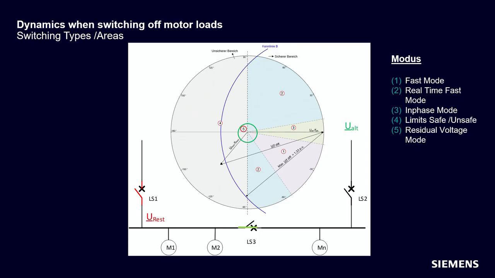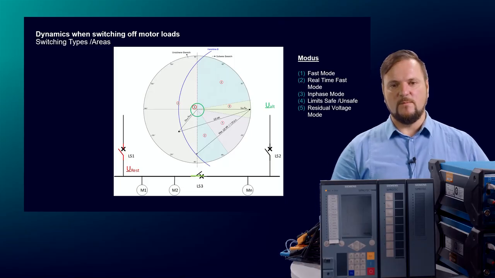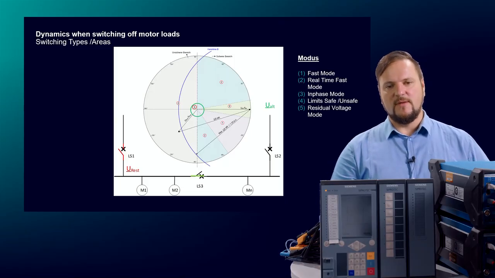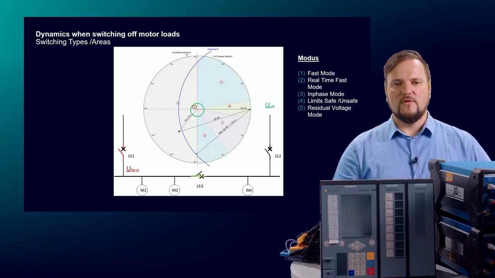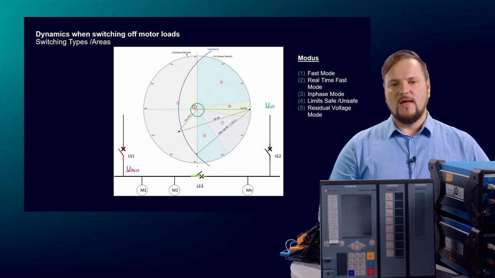But if we are out of these limits, that means part 4, we can't do that because we are in phase opposite, or the voltage is too low, or we have too much transient in the power supply. And in the end, of course, there's one big requirement: we want to protect the motors from large impact current and also from torsion stress on the motors.